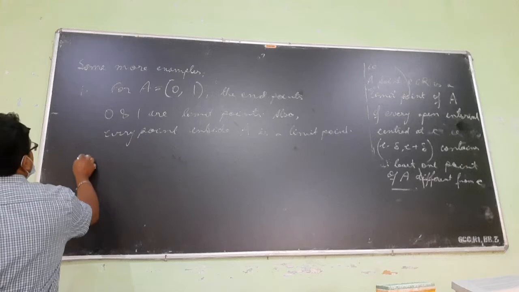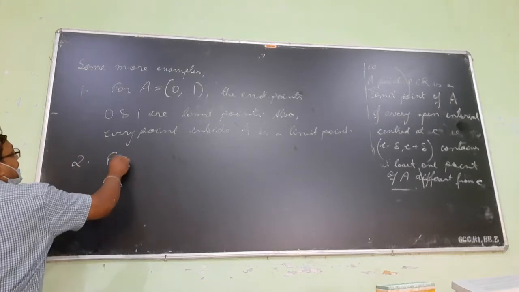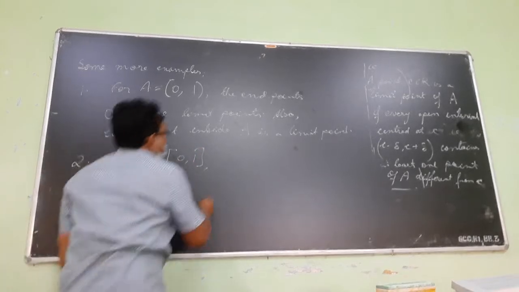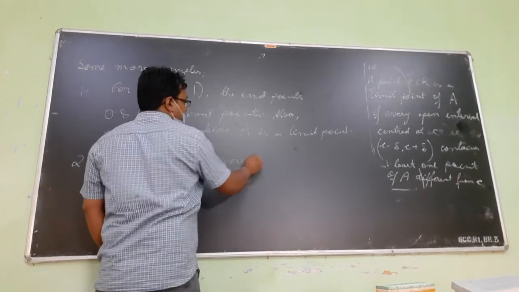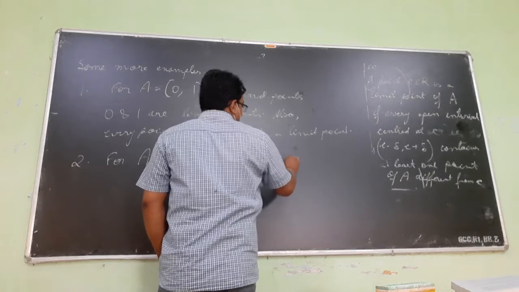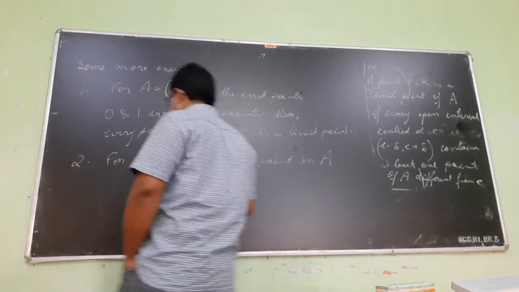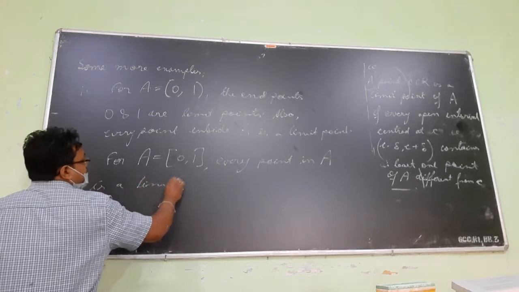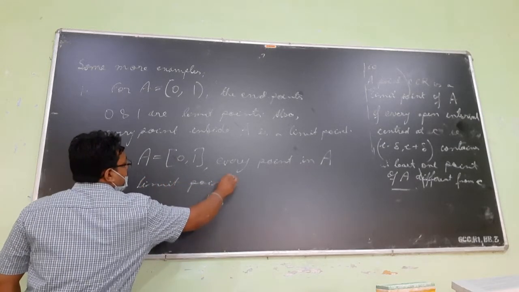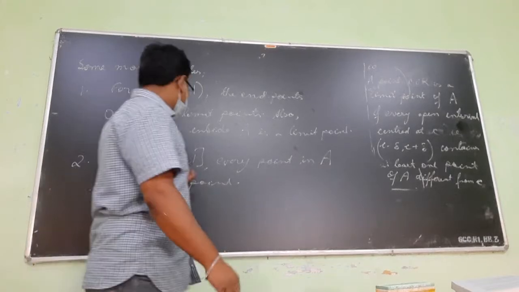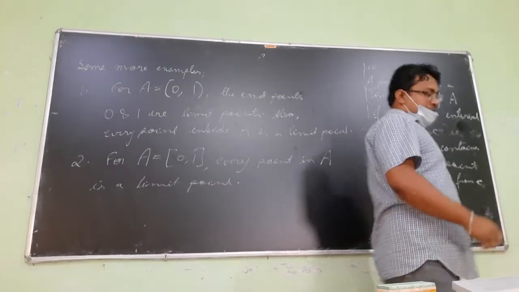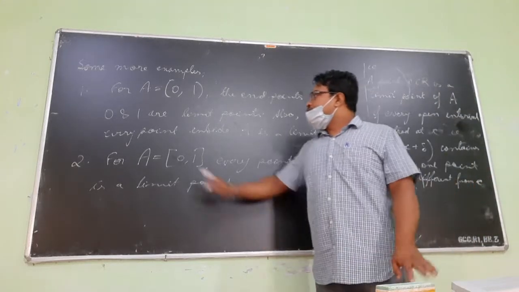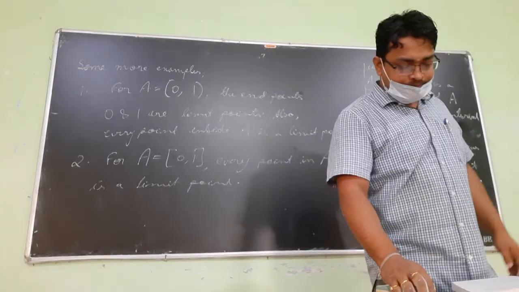Another example, number 2, for A equal to the closed interval 0, 1: every point in A is a limit point. Here for this closed interval, every point is a limit point. So these are some examples.